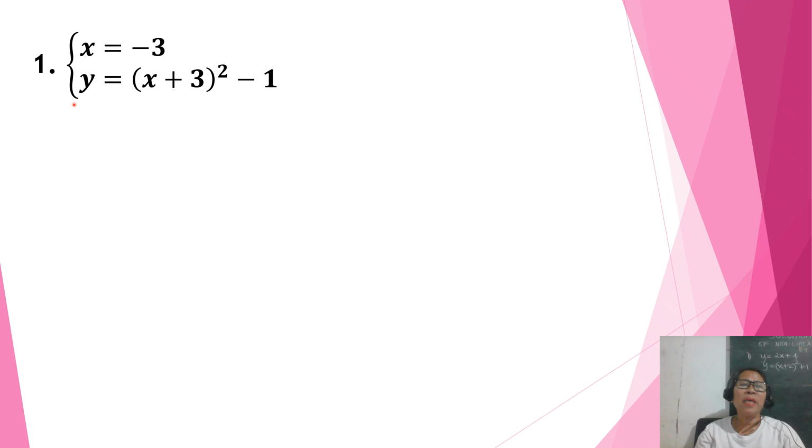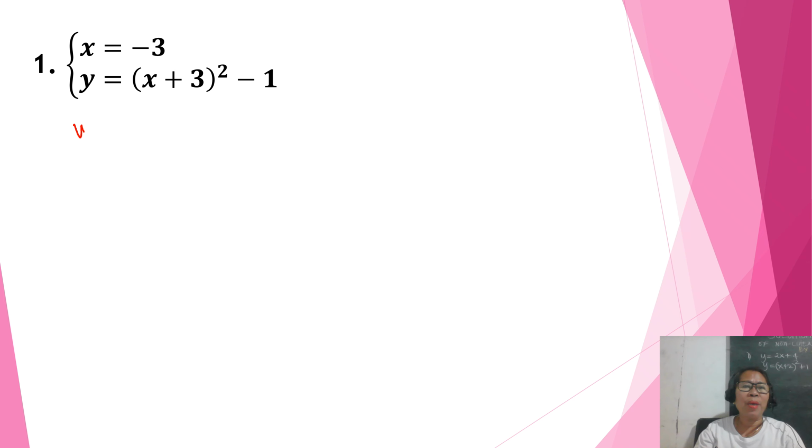Then in the second equation, instead of writing x in equation B, we will substitute -3, because according to equation A, x is -3. So therefore, let us try.